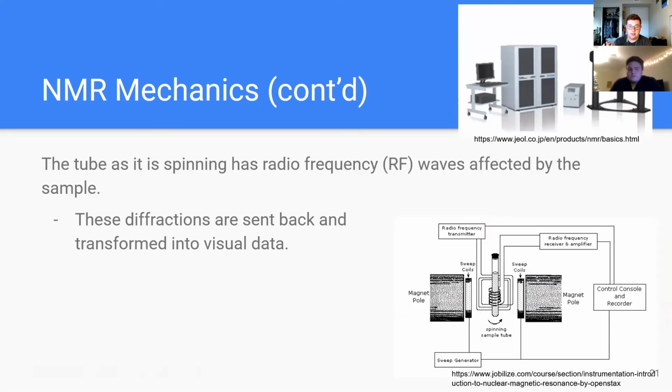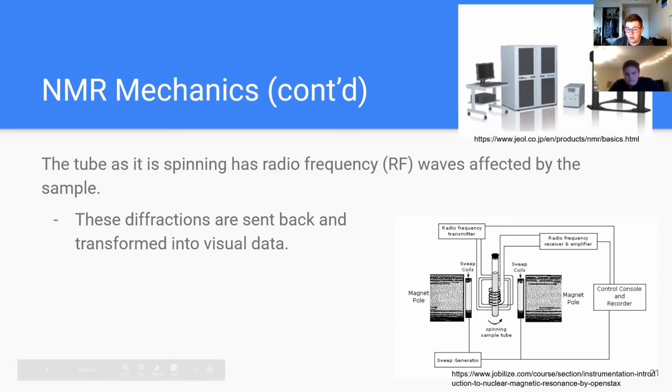So the tube is spinning throughout, and you have radio frequencies or RF waves that are affecting the sample when you have this additional magnetic field the machine is making. And so these interactions between the tube itself and the electromagnet are taken back and transmitted into usable visual data that we can use to figure out what this sample is and what kind of compounds it has inside of it.